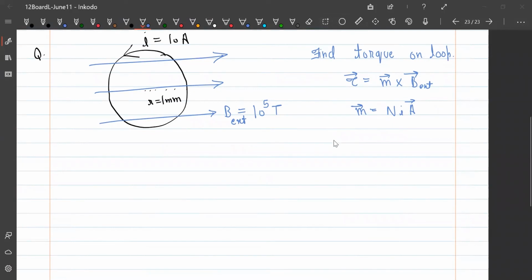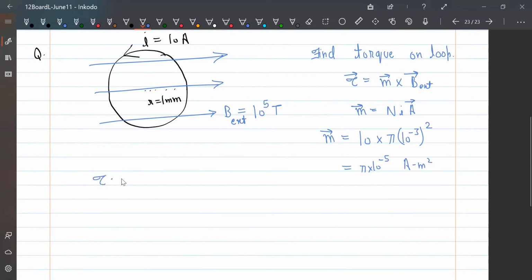So here the magnetic moment will be 1 turn, current is 10 ampere, and area will be pi r square. R is 10 raised to minus 3 because it's in millimeter. So this will come out to be pi into 10 raised to minus 5. Unit is ampere into meter square.